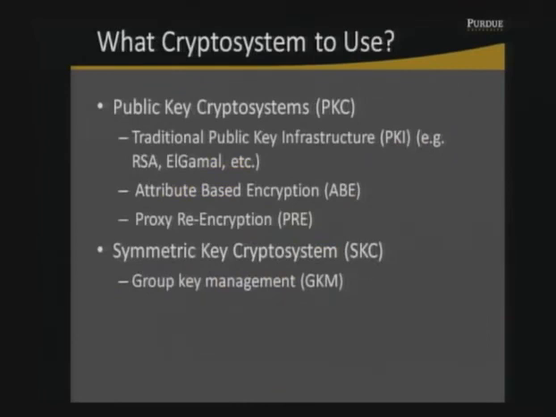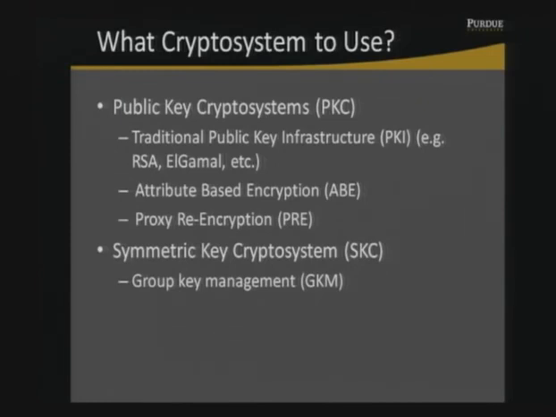In order to provide selective encryption, one of the critical decisions is what kind of crypto system you should use to realize this. There are 2 main choices: either public key cryptography or symmetric key cryptography.